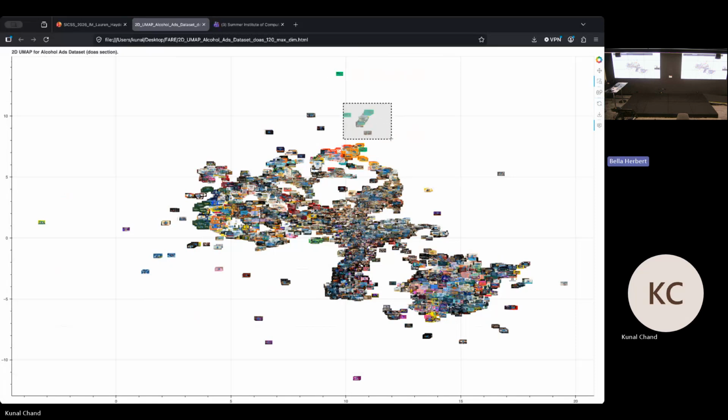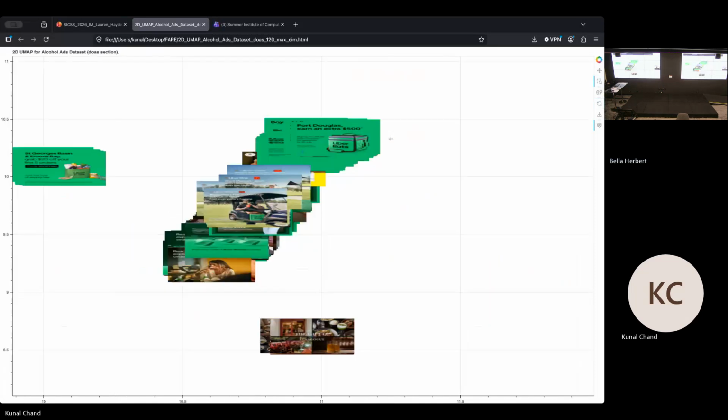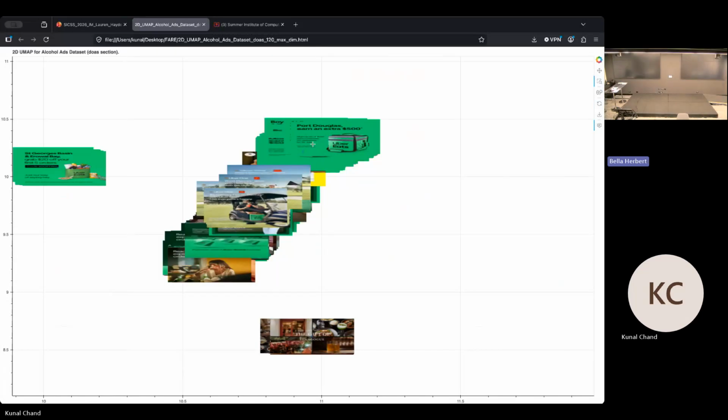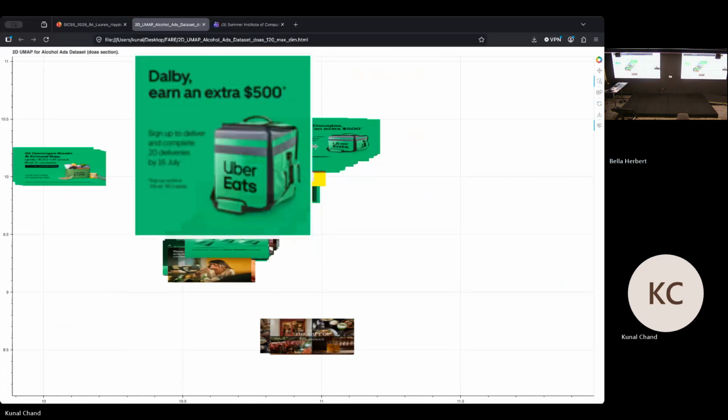Let's zoom in. Yep, it's Uber Eats. That particular kind of green, particular pattern of advertising, we can isolate to a certain company.